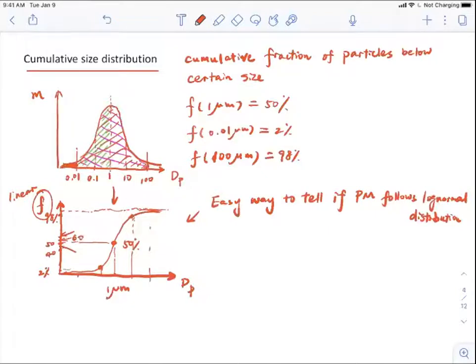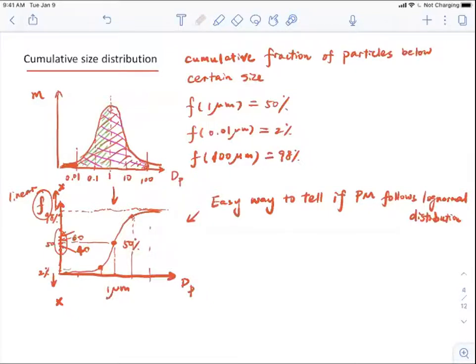Instead of having 40% at this point originally, we now have 40% closer to 50%, right? So we squeeze all of the markers that are close to 50%, but at the same time, we stretch the distance away from 50%. We stretch the values that are close to 0% or 100%. So instead of having 2% here, we're going to have 2% here. Instead of having 98% here, we have 98% here.